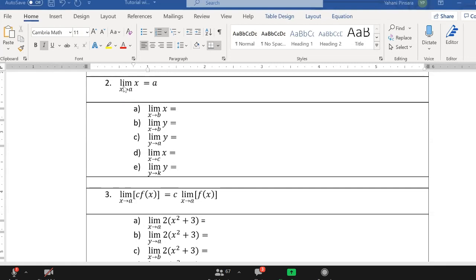Then limit. So I'll go into the second law. Here, limit of a variable, that means x is the variable of the limit, right?